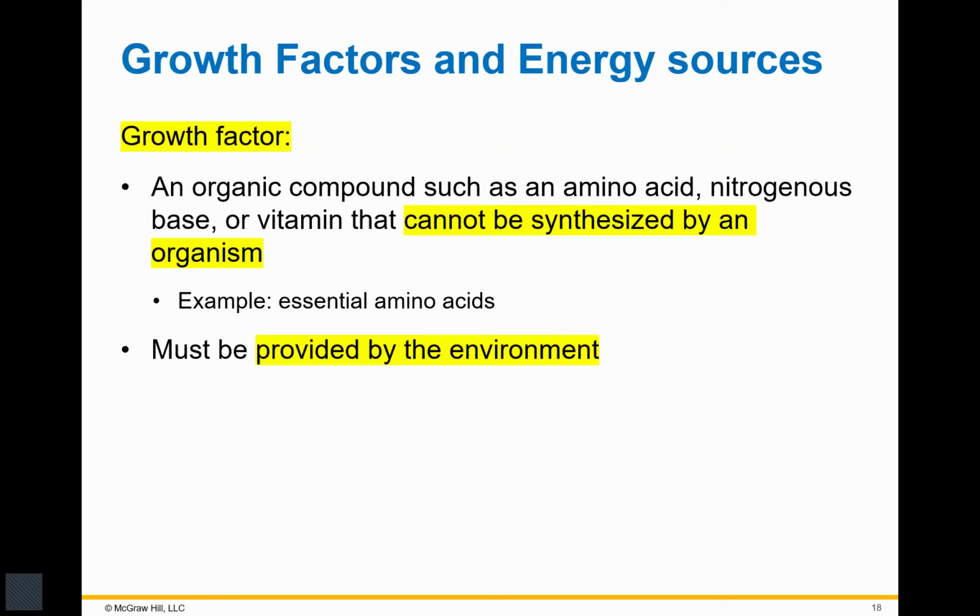So they must be provided from the environment. Examples of growth factors include vitamins such as nicotinamide adenine dinucleotide, and amino acids. These must be provided through the environment for the microbial cell to utilize because they cannot be synthesized by the body.